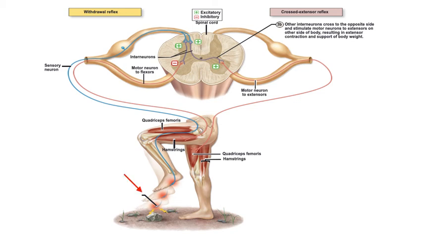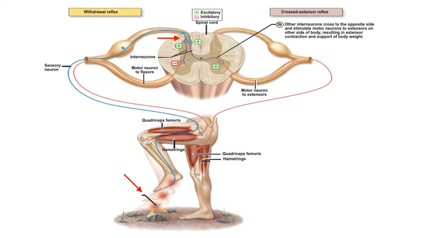Here we first have a painful stimulus. In this case, this person has not worn shoes and they've stomped on a rock, and it's caused pain in their foot. Of course, this is going to result in a sensory neuron sending signals to interneurons. Again, that nerve contains many neurons, so they can interact with different interneurons.